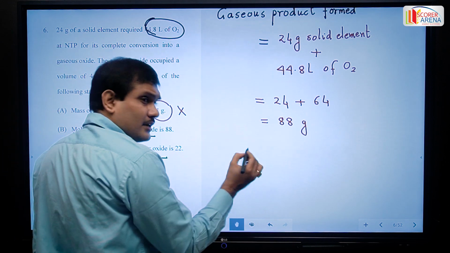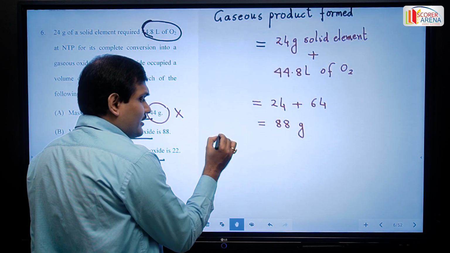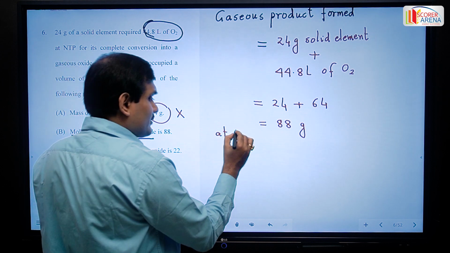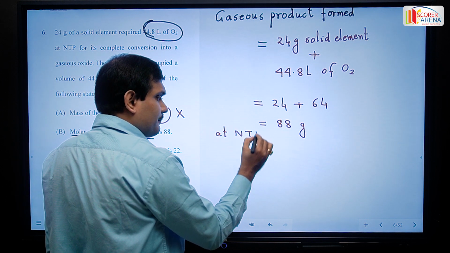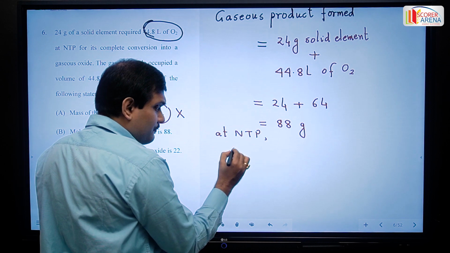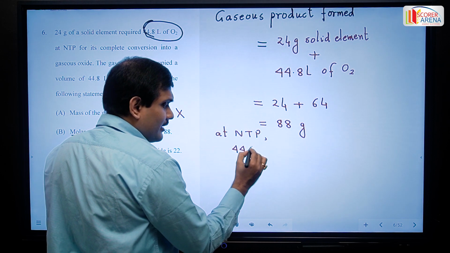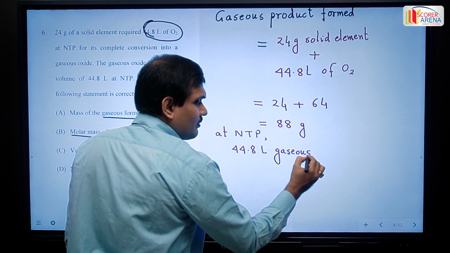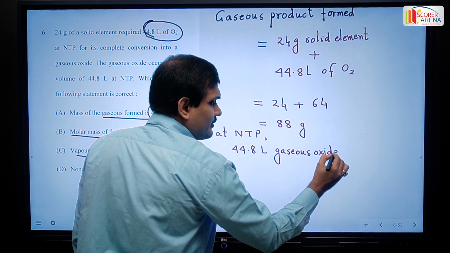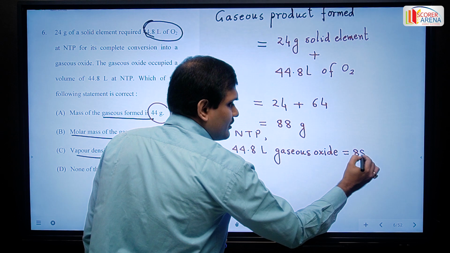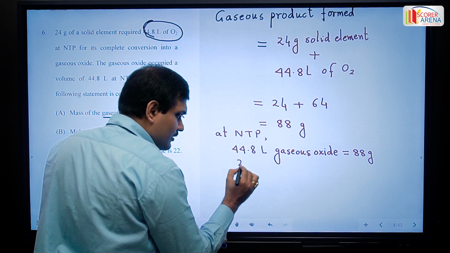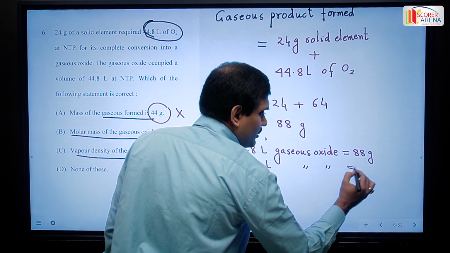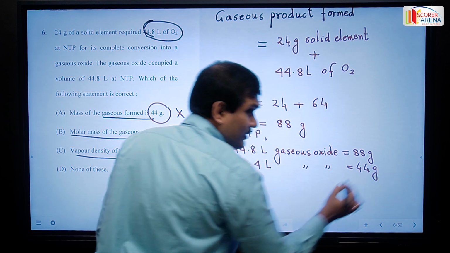So for gaseous oxide at STP, or you can say NTP, it is given NTP, definitely 44.8 liters gaseous oxide is equal to 88 gram, and therefore 22.4 liters gaseous oxide will have a mass of 44 grams.